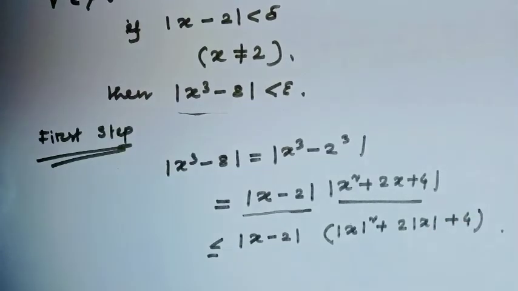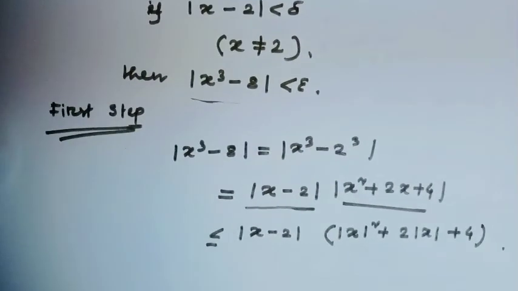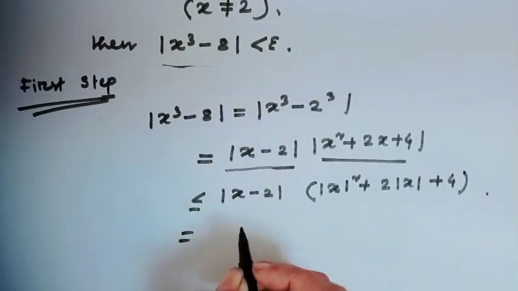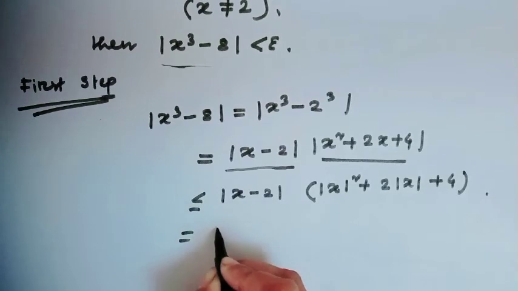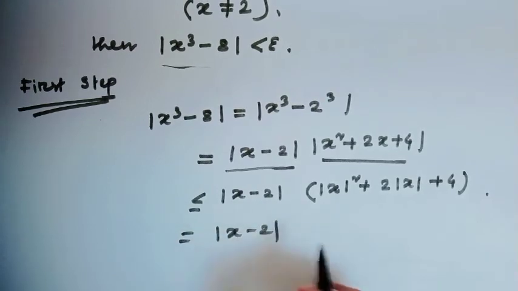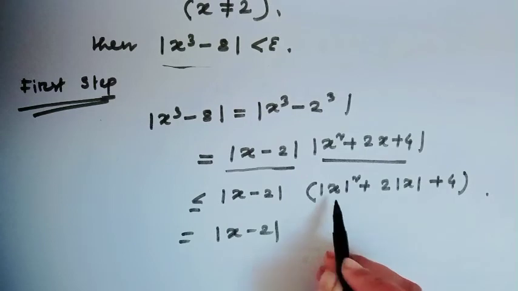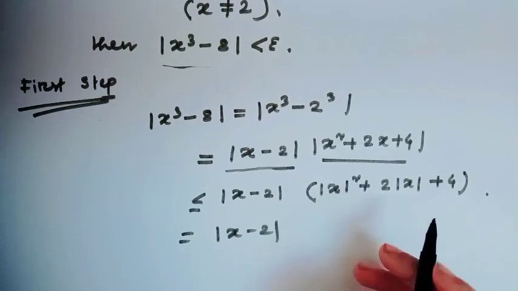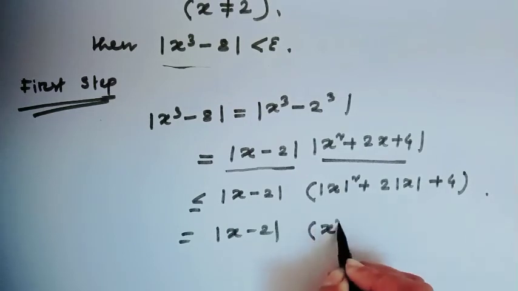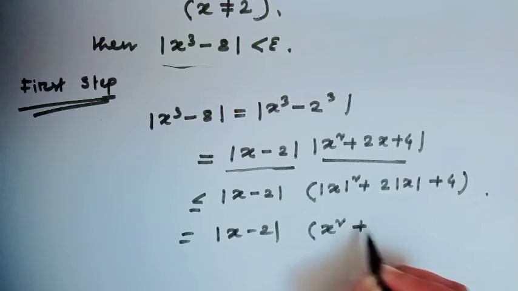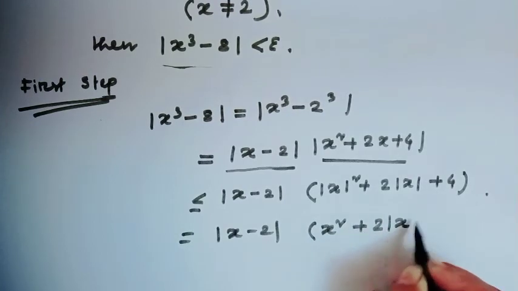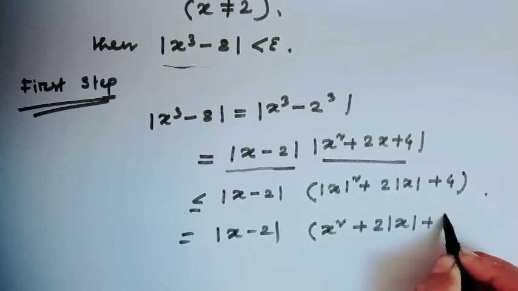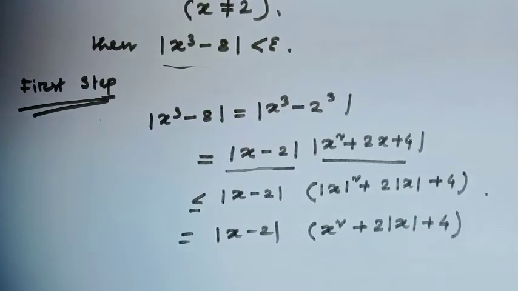This is equal to the modulus of x minus 2 times the absolute value of x squared, which always equals x squared because it is positive, plus 2 times the absolute value of x plus 4.